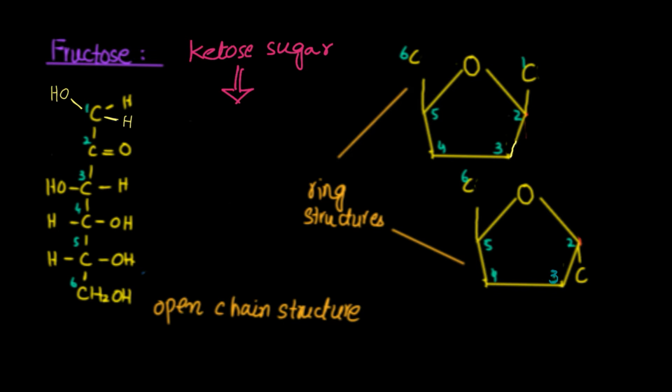Now let's make ring structures out of this open chain structure. Similarly to glucose, we also have an oxygen bridge here. However, the oxygen bridge is now from the second carbon, which is the functional group carbon, to carbon 5.